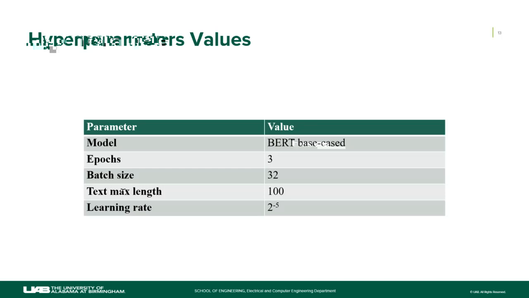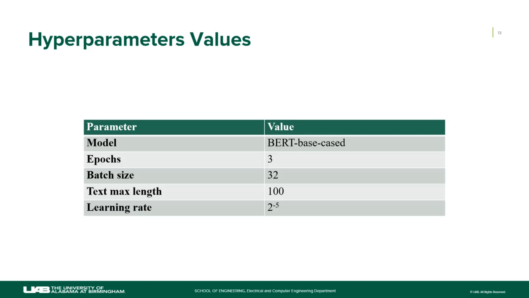As you might know, we have some hyperparameters that can have different values. For the scope of this study, we were focusing on studying the effect of pre-processing techniques. For that reason, we did not want to spend time experimenting with different values of BERT to determine the perfect values for this task.